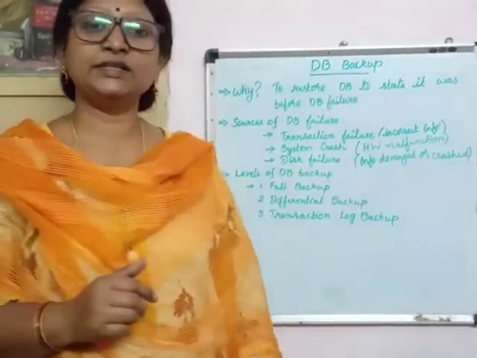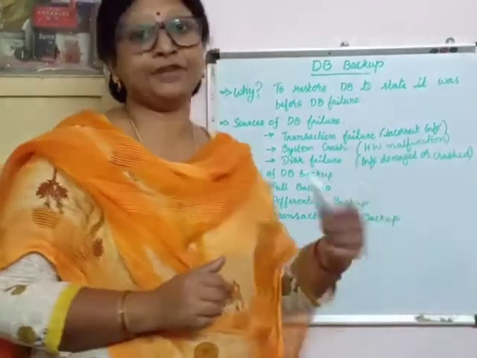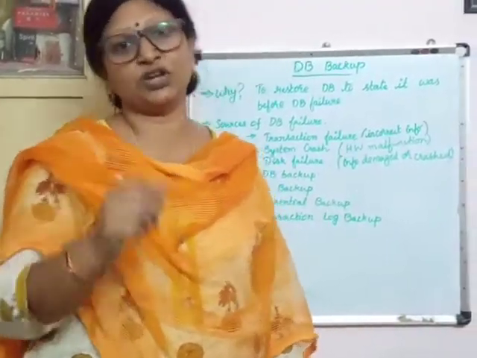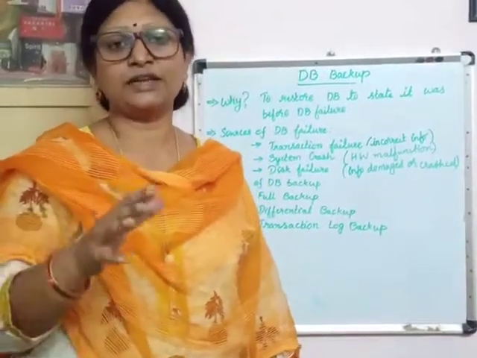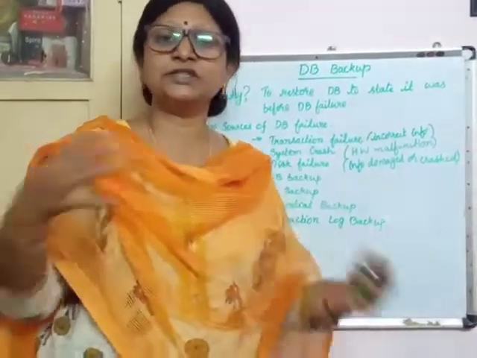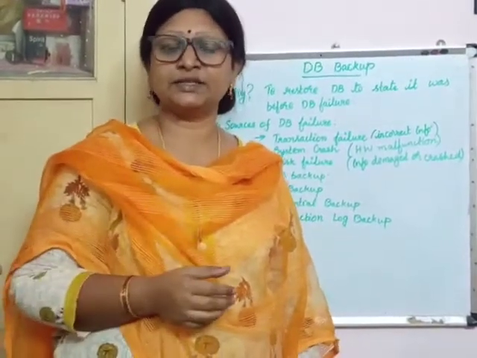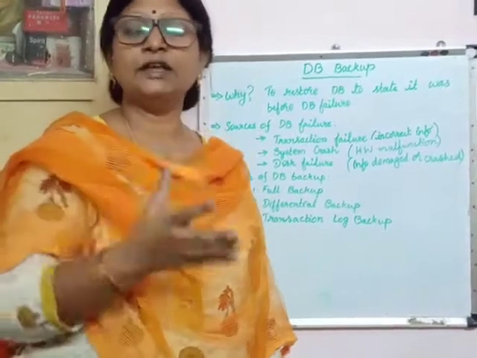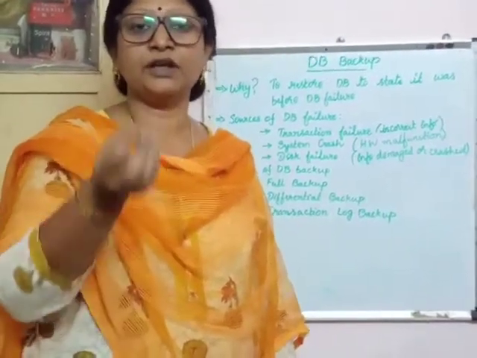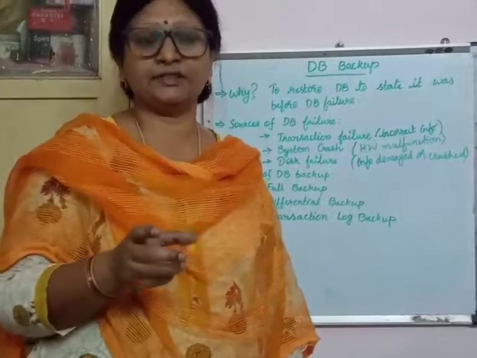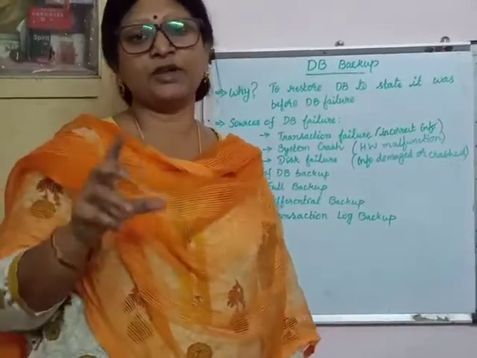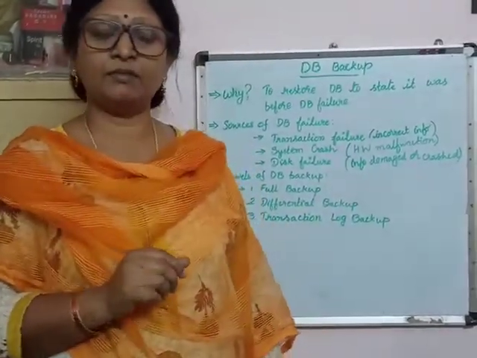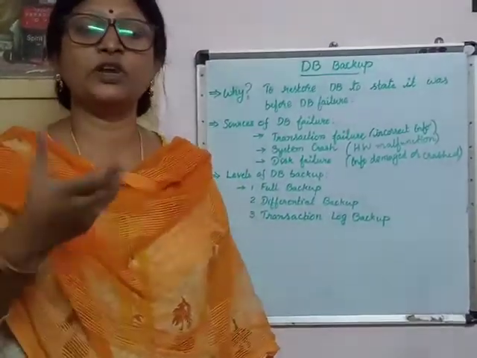So the next one is the database or disk failure. Our database is stored on a secondary storage device, since it is very huge and there is no memory constraint there. The disk reader, which is a pointer-like thing, keeps on circulating on the magnetic disks inside the storage device.